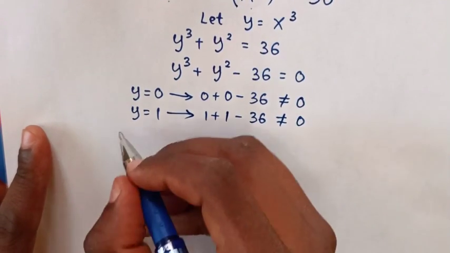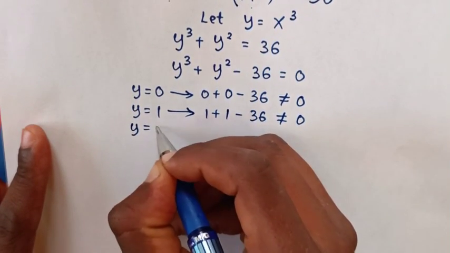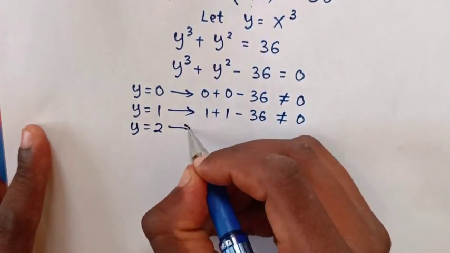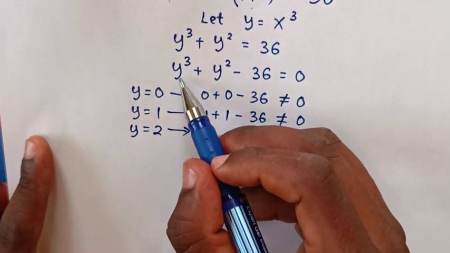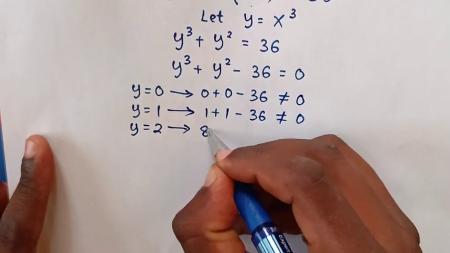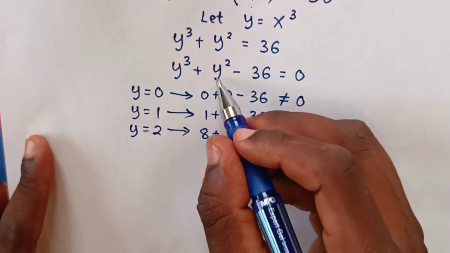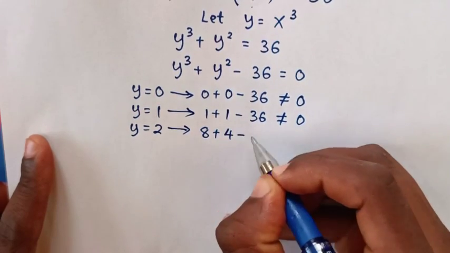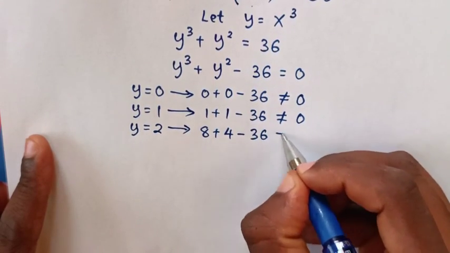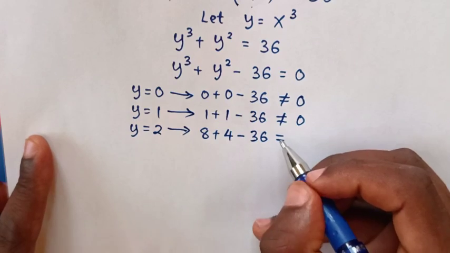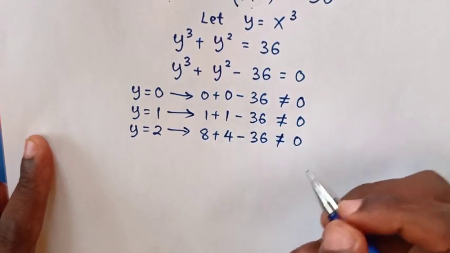Then again we test with y = 2. We substitute 2 into our equation: 2^3 is 8 plus 2^2 is 4 minus 36, which is equal to negative 24, not equal to 0.